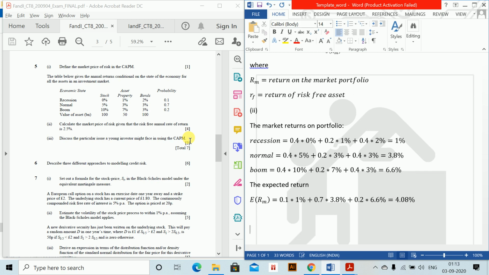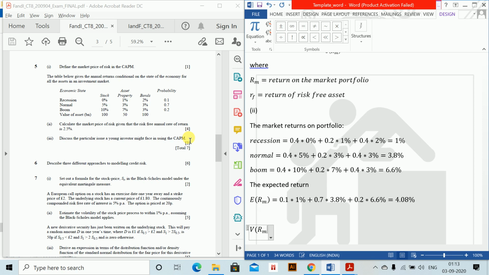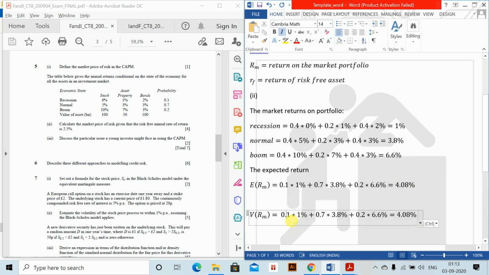For that we'll need the variance first. So the variance of R_M equals, copying the entire sentence, 0.1 times (1%) squared plus 0.7 times (3.8%) squared plus 0.2 times (6.6%) squared, minus (4.08%) squared.